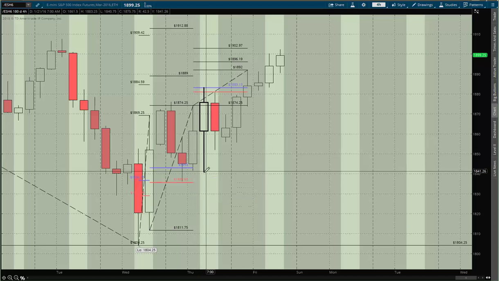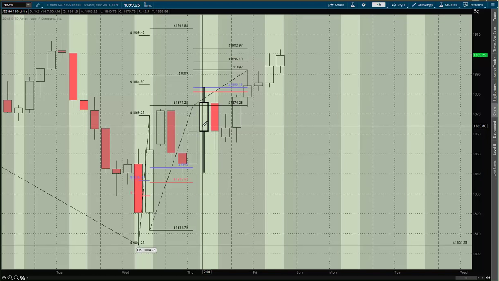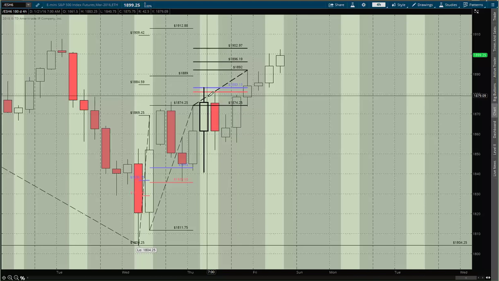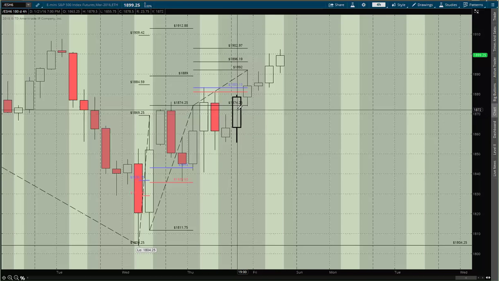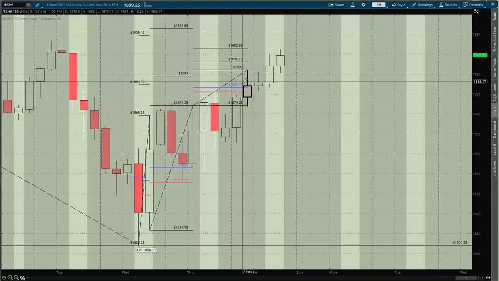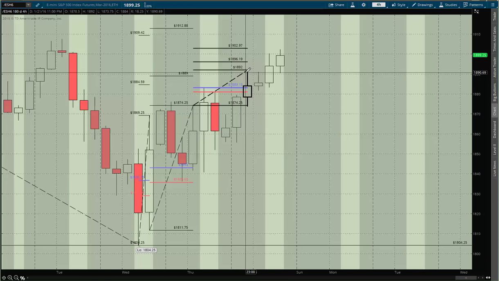And what I have here is that I found that I had a traditional one, that we came into support here and then price did pick up. It didn't pick up immediately, but eventually in this overnight we picked up into not only the first target here, but the first target of the new controlling measured move.